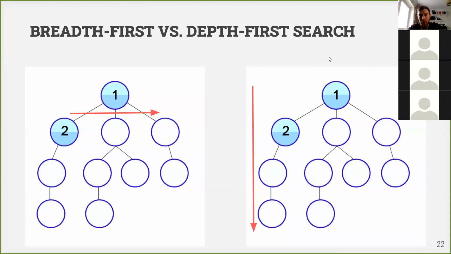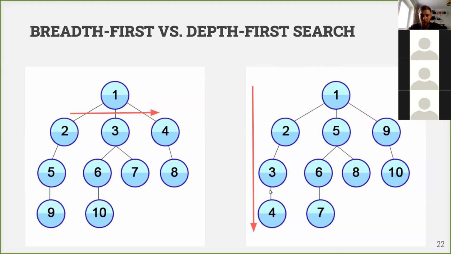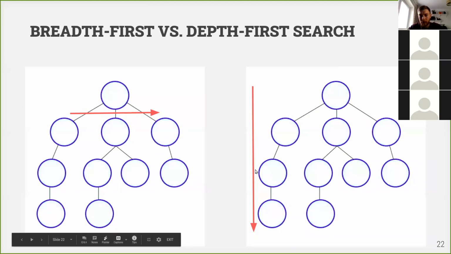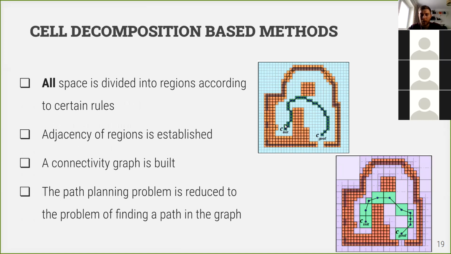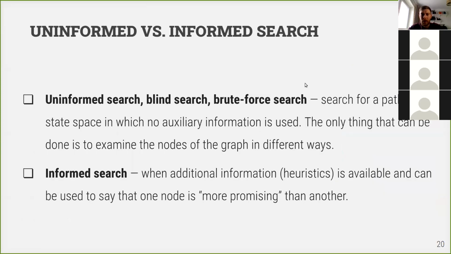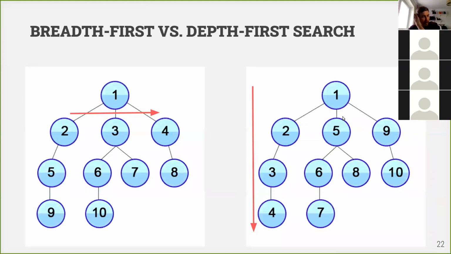And in depth first search, vice versa. We first go as far as possible through one branch of this tree. If we first chose to go up, we will first go through all combinations connected to this move, and only then we will return to our root, to our first step, and consider all combinations for the next step.